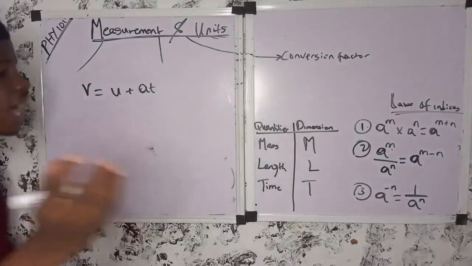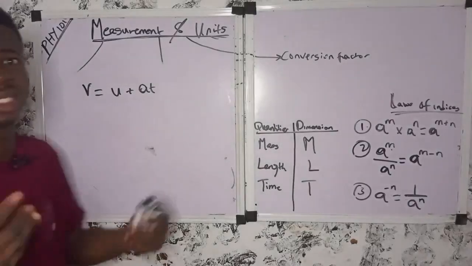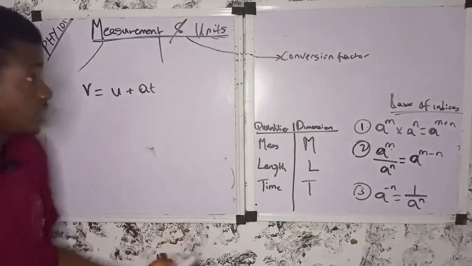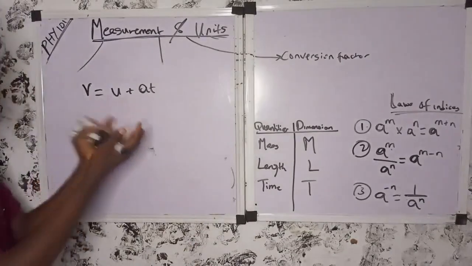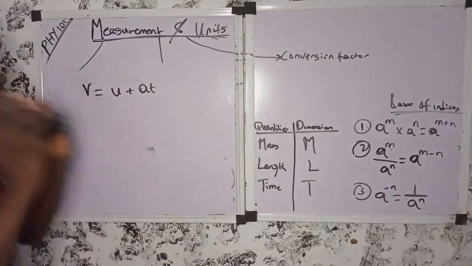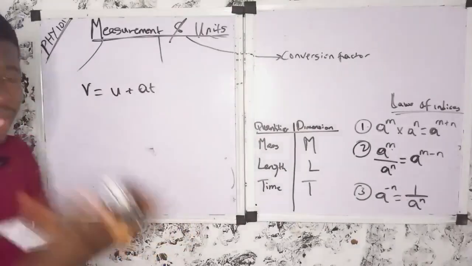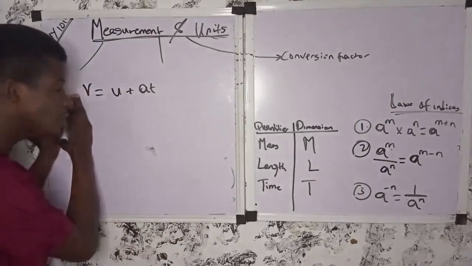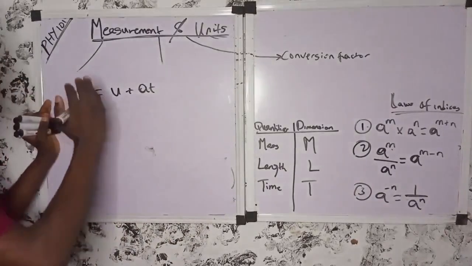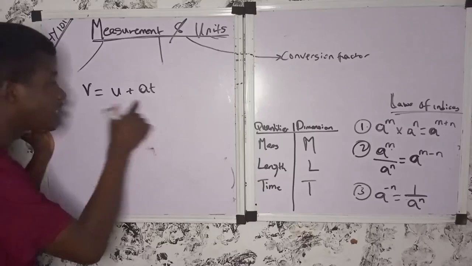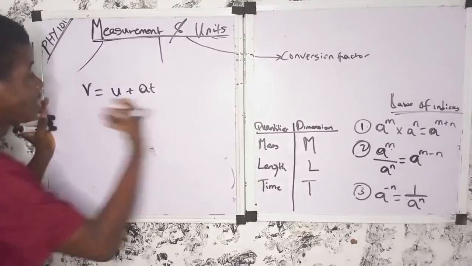So how do you bring about dimension analysis? Now, how does dimension tell us whether this equation is correct? Take note, an equation is dimensionally correct when the left-hand side has the same dimension as the right-hand side.